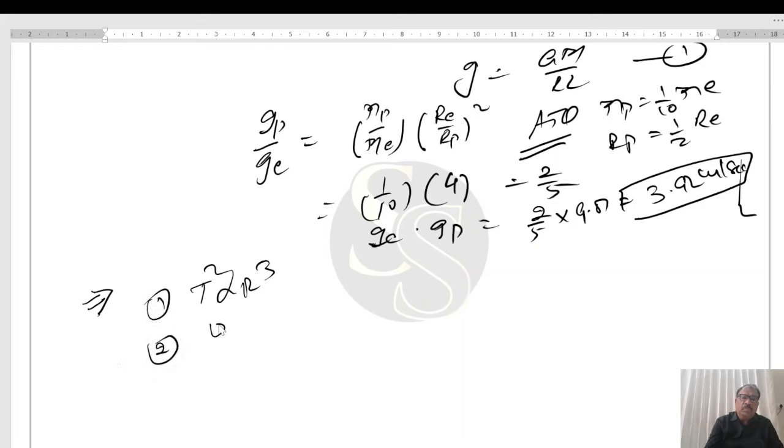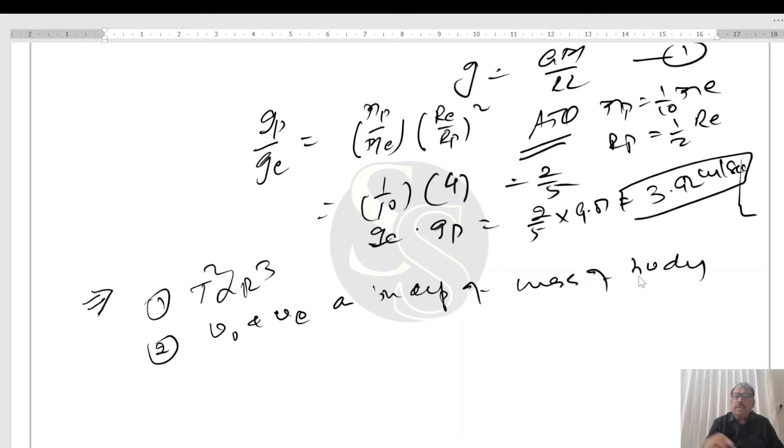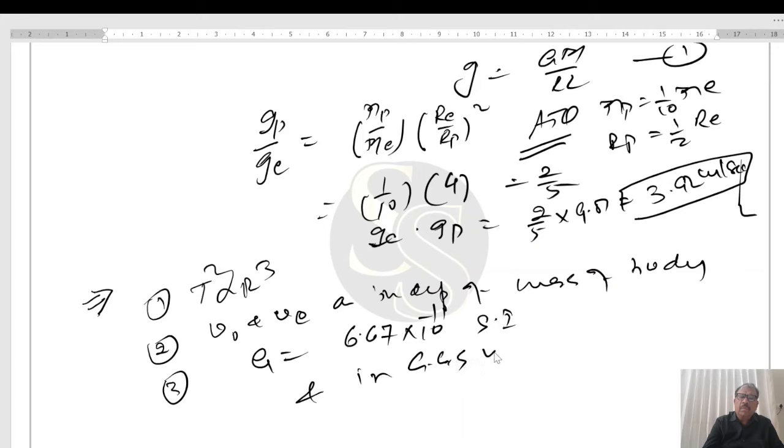And orbital velocity V0 and escape velocity VE are independent of the mass of the body, that is, the mass of the satellite, right? Next, the value of G is 6.67 into 10 to the power minus 11 in SI unit, and in CGS unit it will be 6.67 into 10 to the power minus 8, right?